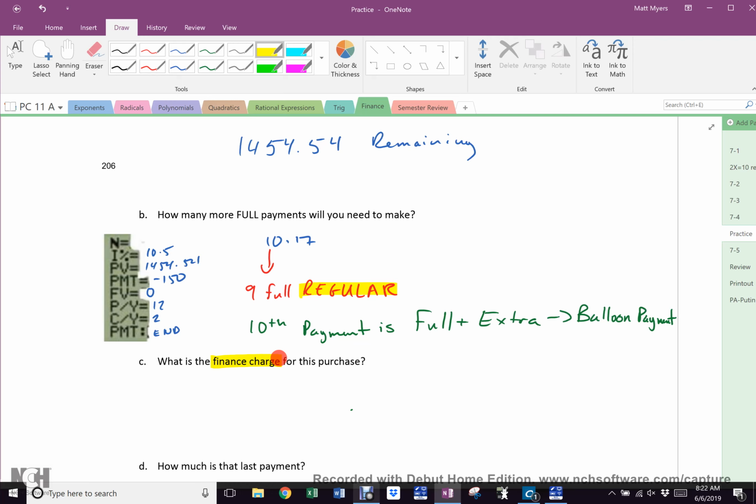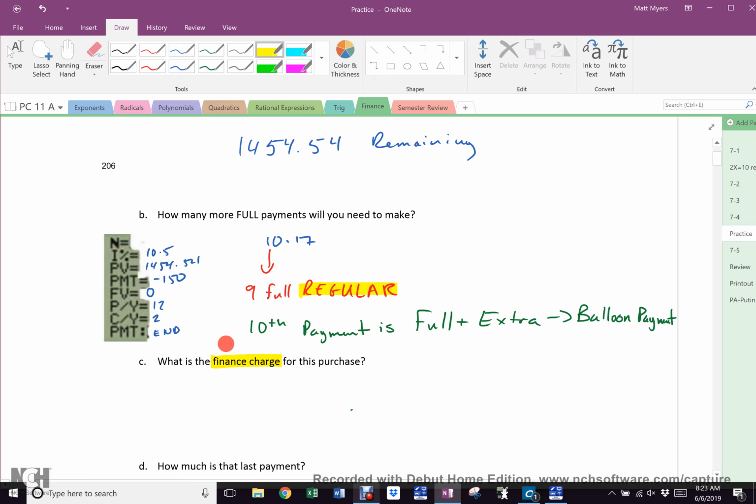And it's more than just interest. For example, this balloon payment is going to be different, right? It's not just based on the interest. For example, there may be a fee associated with taking the loan, right? They may say, okay, you're going to pay back with interest, but we're also going to charge you $100 for the privilege of doing this with us. Do you understand what I'm saying?